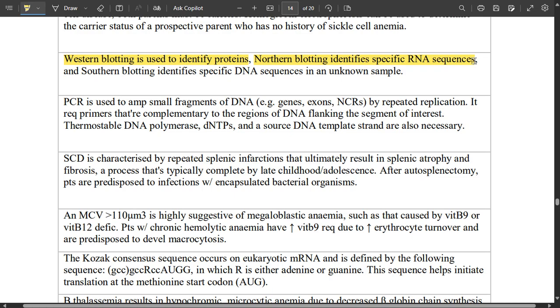Western blotting identifies proteins, and southern blotting identifies specific DNA sequences. So north is for RNA, south is for DNA sequences in an unknown sample, and western blotting is for proteins.